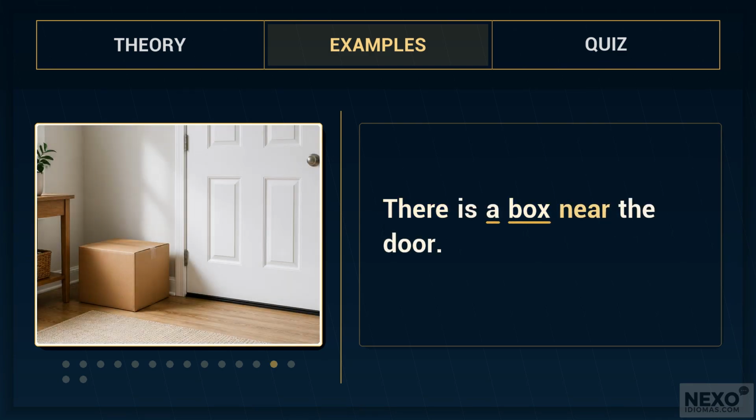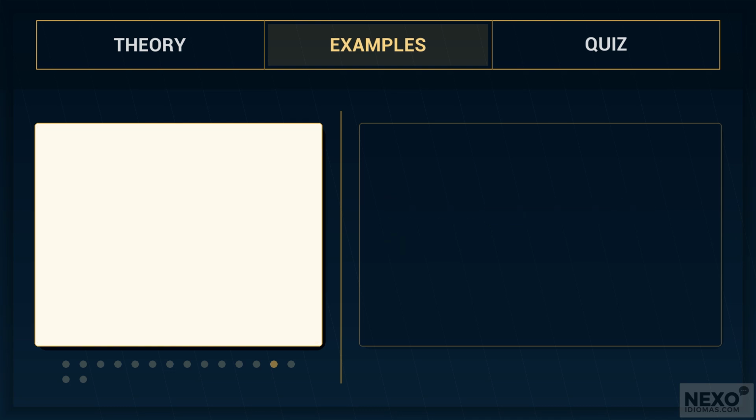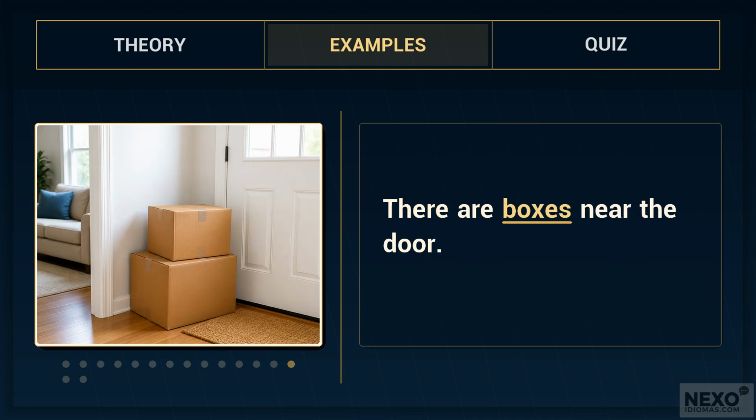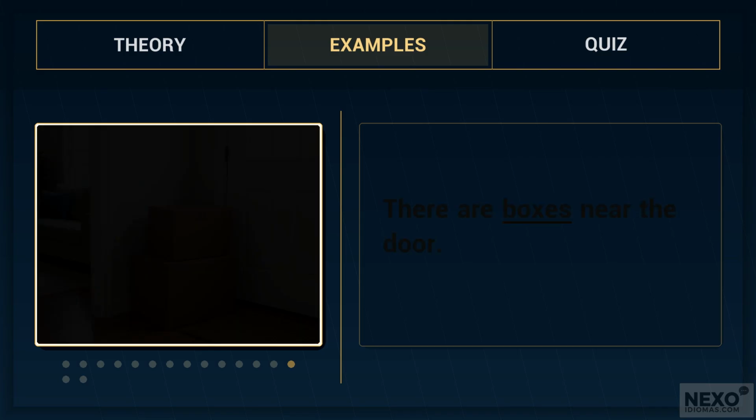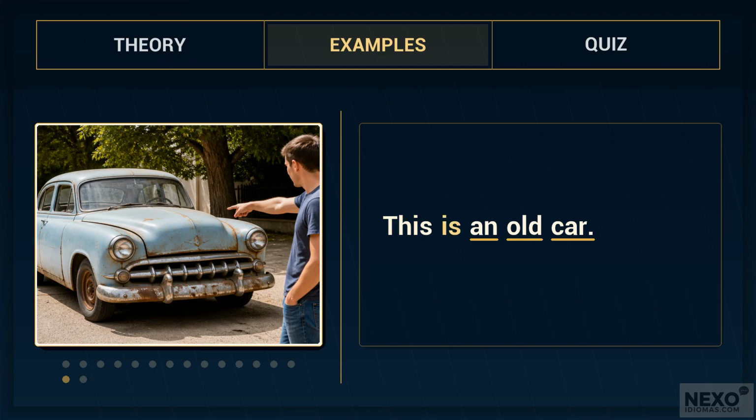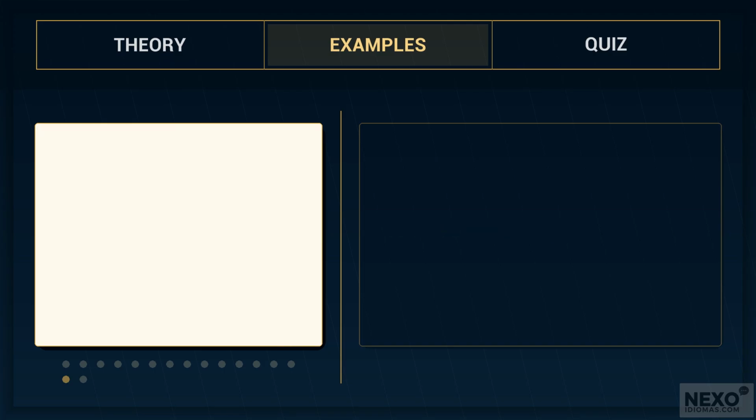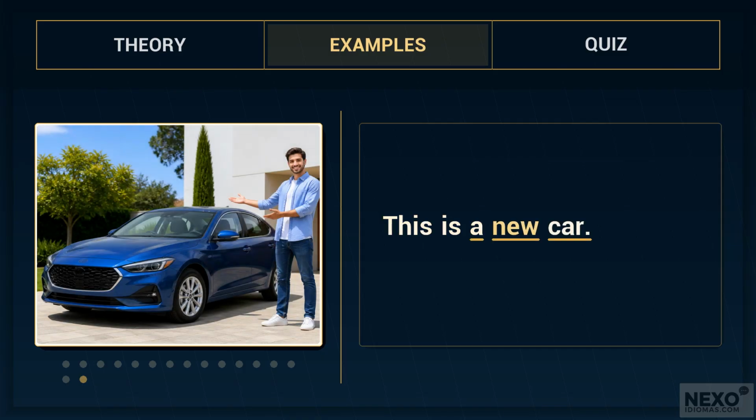There is a box near the door. There are boxes near the door. This is an old car. This is a new car.